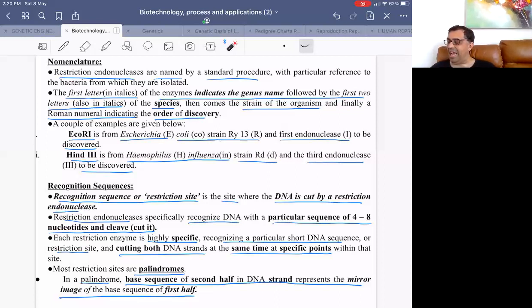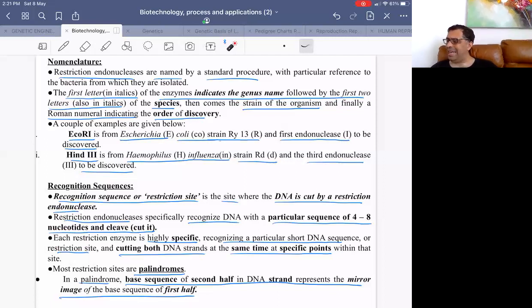Then we have recognition sequences. Recognition sequence or restriction site is a specific site where the DNA is cut by a restriction enzyme. So a restriction enzyme does not cut anywhere. It cuts specific sites in the DNA, which are called restriction sites.